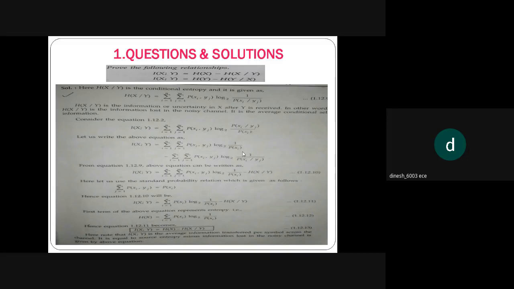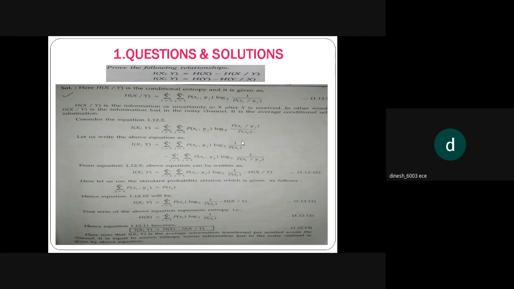Similarly, for y it varies from j equal to 1 to m. So probability of xi comma yj log to the base 2 of 1 divided by probability of xi divided by yj. We write xi by yj because we have conditional probability with respect to x by y. Xi is the random variable for x, yj is the random variable for y.